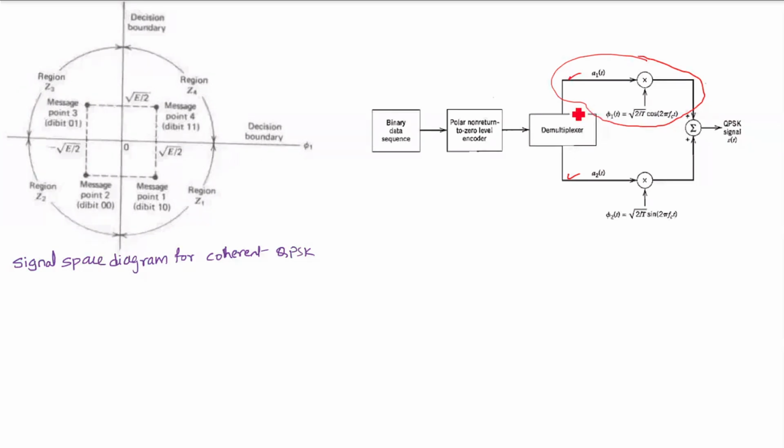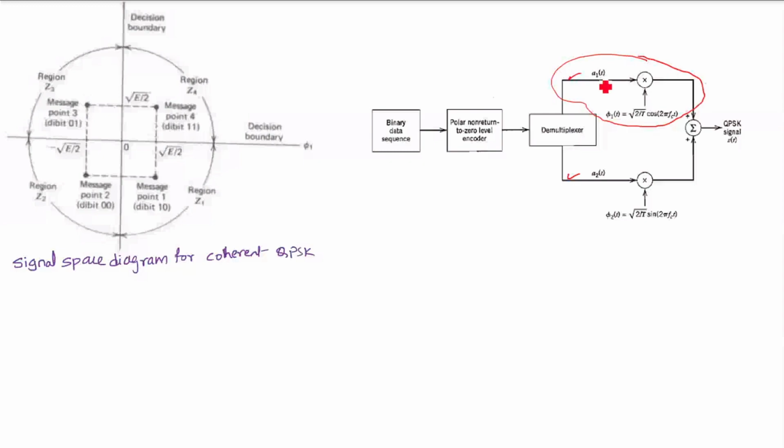What do you call this system if I take it separately out? Sir, amplitude modulation. It's a BPSK system, that is binary phase shift keying, isn't it?